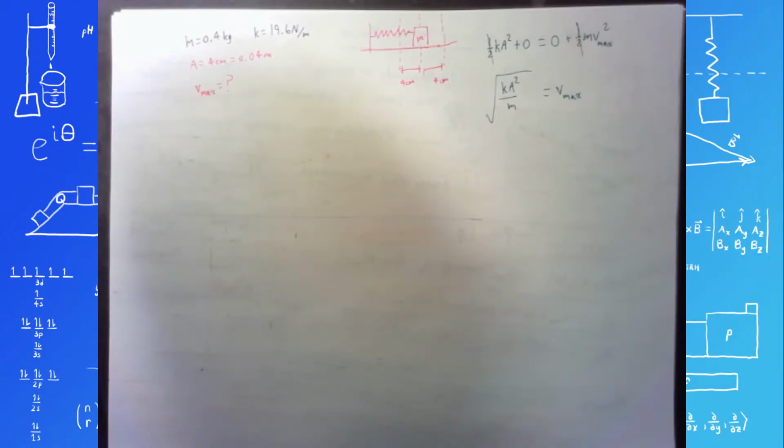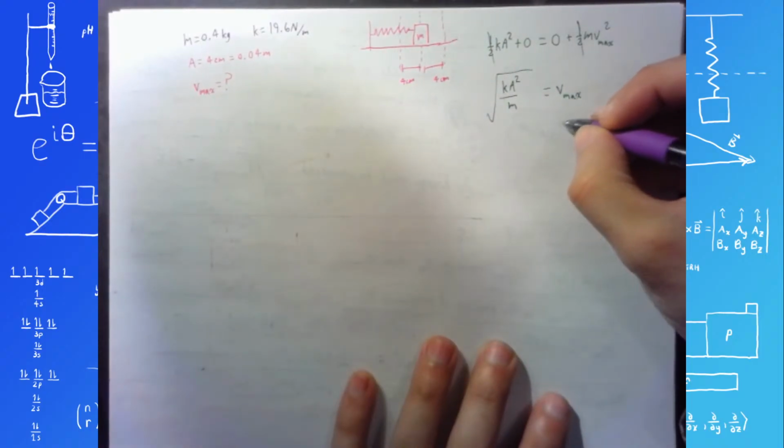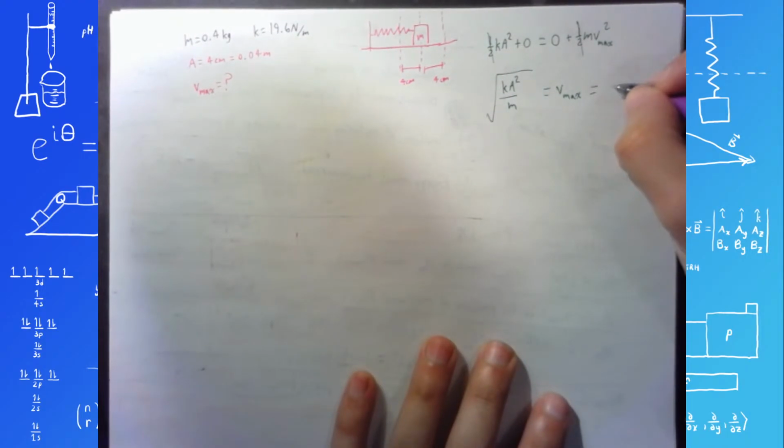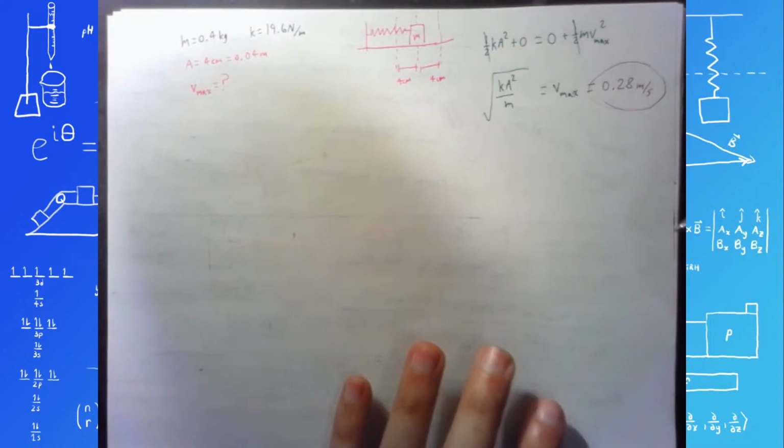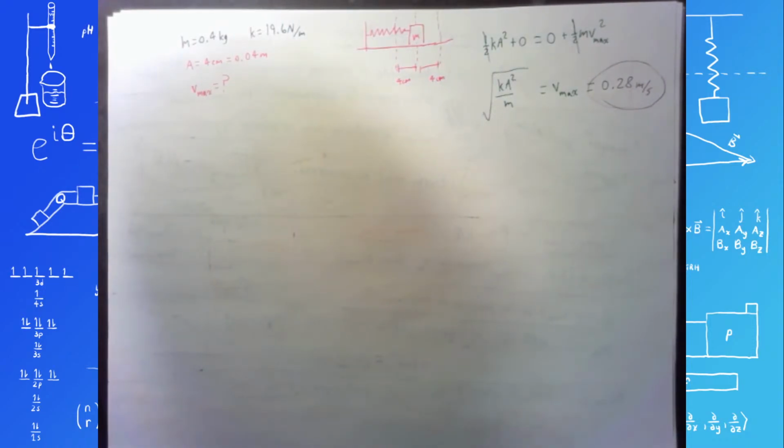Not an ugly, endless string of decimals. We get Vmax equals 0.28, and that should be in meters per second. That is part A.